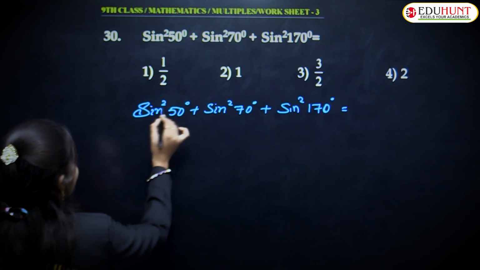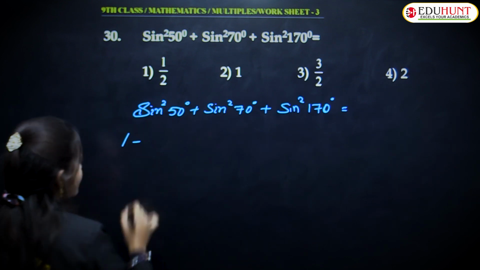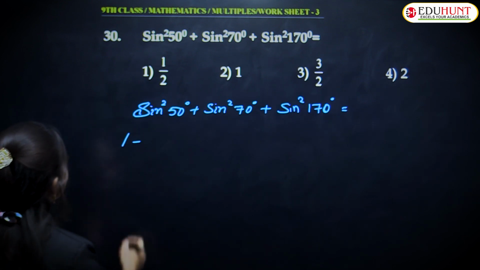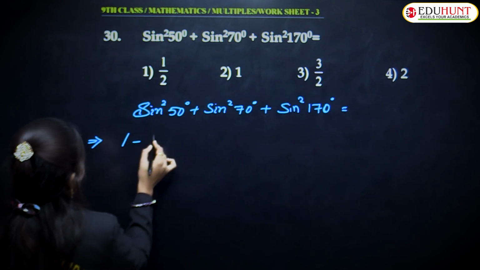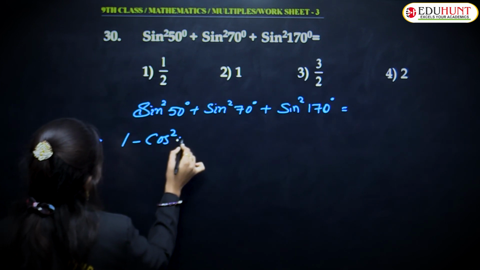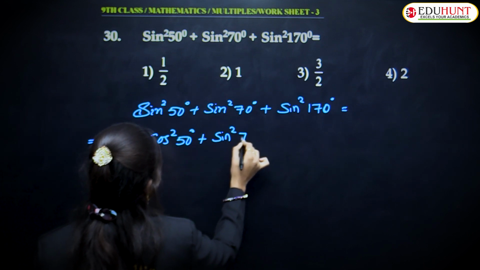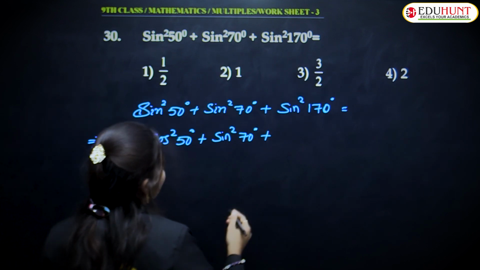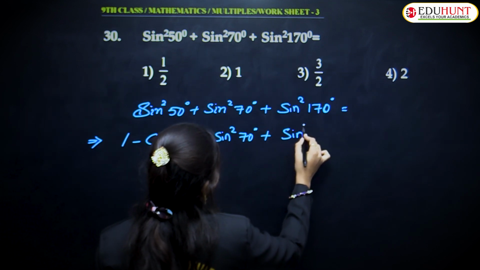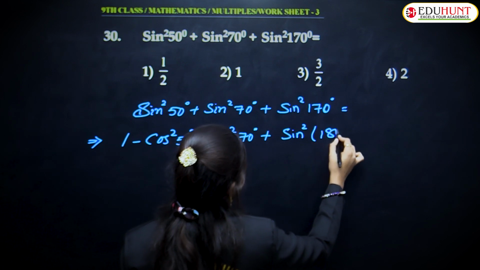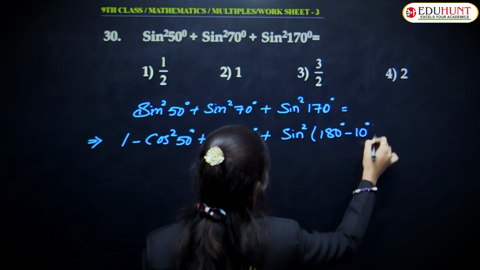Here sine square 50 degrees, again the same model just like the previous one. So I want to write this as 1 minus cos square 50 degrees, plus sine square 70 degrees, plus sine square 170 degrees, which we can write as 180 degrees minus 10 degrees.